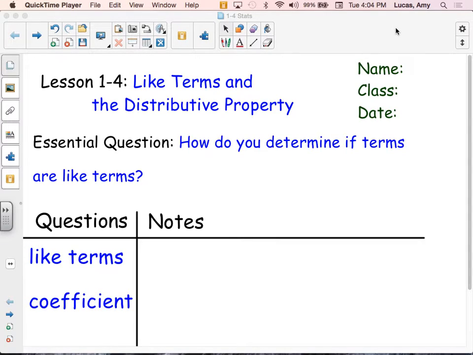Lesson 1-4, like terms and the distributive property. Our essential question is, how do you determine if terms are like terms? Well, our first vocab word is like terms. The definition of like terms kind of makes sense because they're terms that are alike.